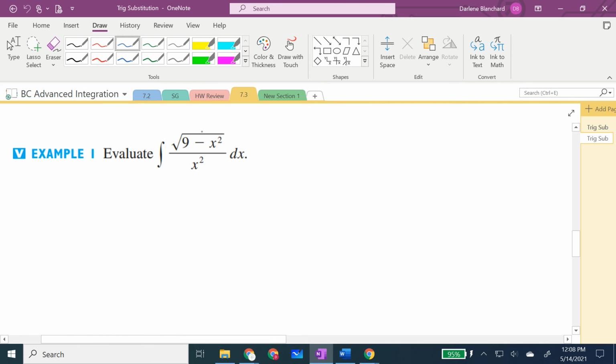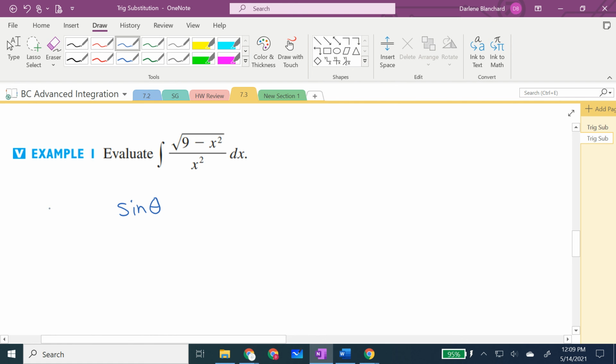Now, as you look at this, does a trig function come to mind? When you have a subtraction and the constant leads the subtraction, that's when you want to use sine theta. And while I do this, I want to point out to you that this is a type of u substitution.